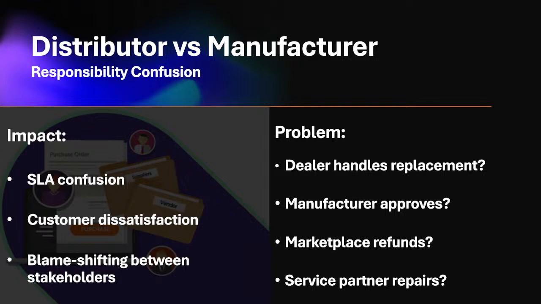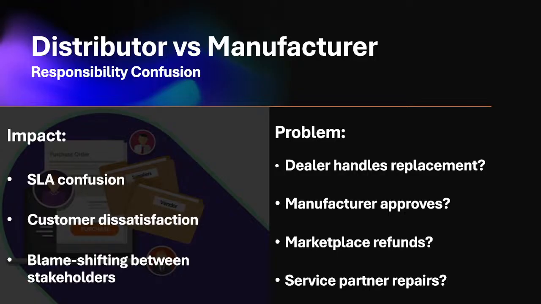In the recent past, we have seen one of our customers, who are in the manufacturing business, producing a cooling system. They are facing a major issue with responsibility sharing with the dealers or distributors.